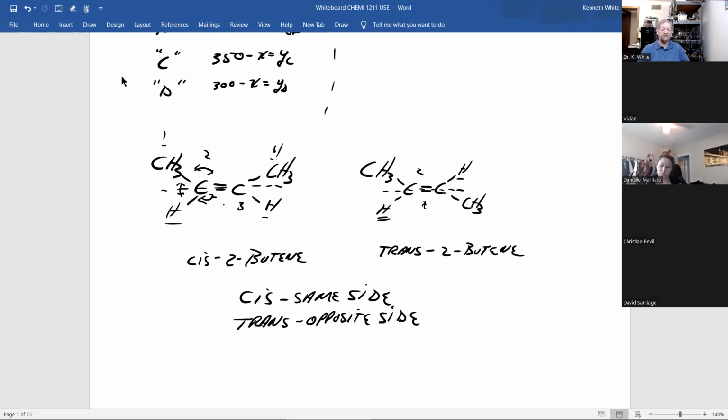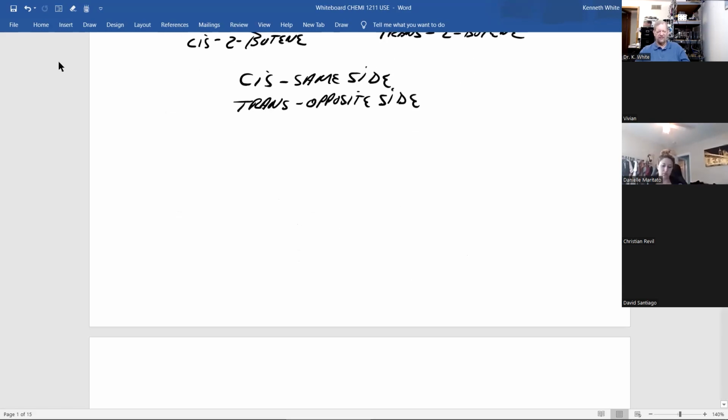Remember, cis means 2 groups or 2 atoms are on the same side of that plane orthogonal to the double bond, which is where this dotted line is right here, and trans is opposite. Oh, I have to. I don't have to, but I want to. And you all know that's transparent. Ooh. All right, let's continue on.